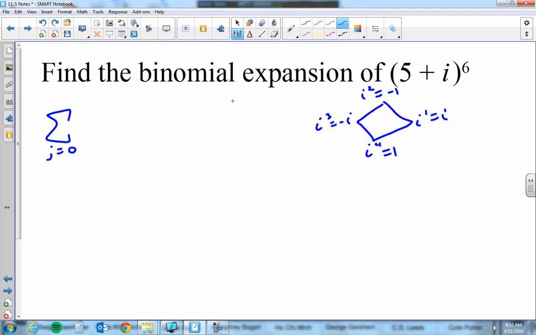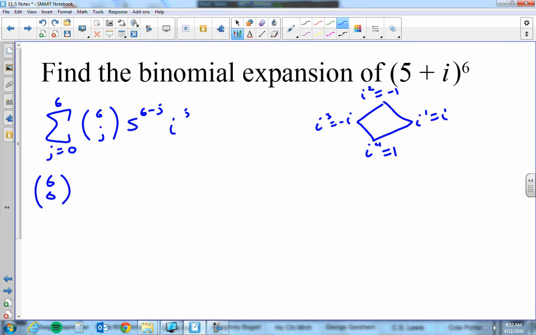It's not variables now, it's a complex number that we're raising to a power. Let's see, 6 choose j, 5 to the power of 6 minus j, i to the power of j. And let's just start writing it out.